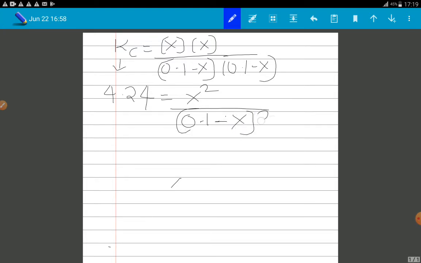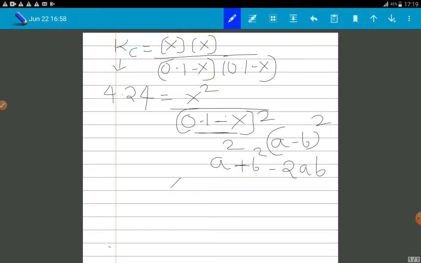This is in the form of a minus b whole square. As you know very well, a minus b whole square can be written as a square plus b square minus 2ab, the basic formula.